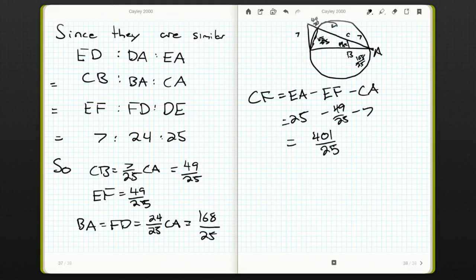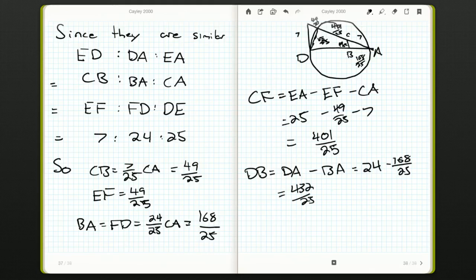Okay, so 401 over 25. Now we just need DB. Well, DB is DA minus BA. And that's 24, we were told that at the start of the question, minus BA, which is 168 over 25. So 600 minus 168, we're going to get 432 over 25.